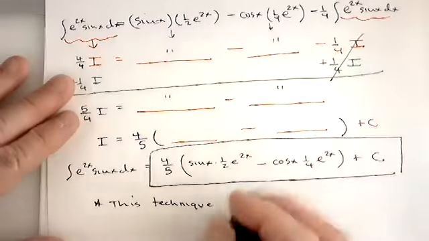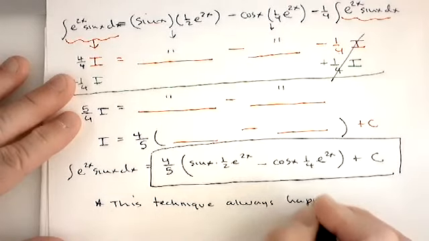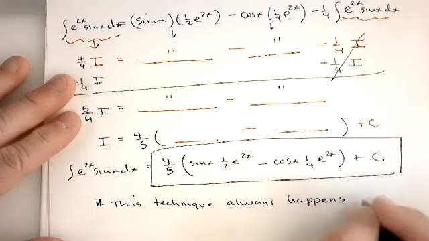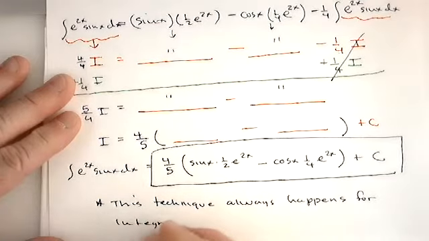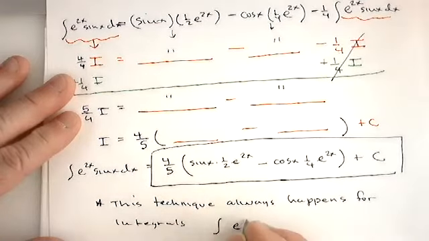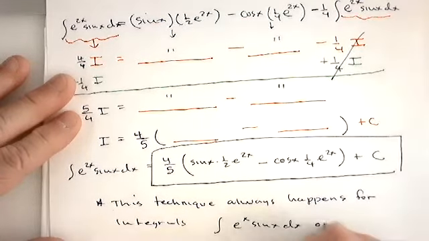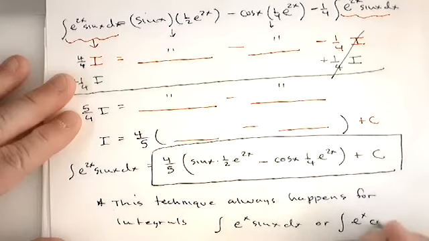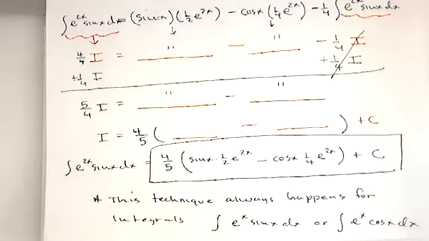That's always going to happen for integrals if you have an integral like e to some x times a sine x, or e to an x times a cosine x, something like that. That's the technique you're going to use.